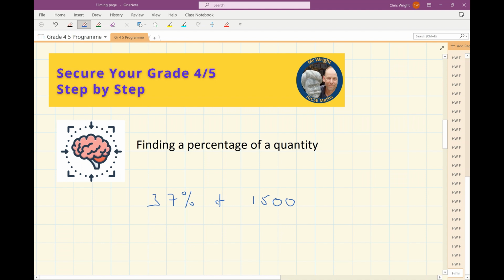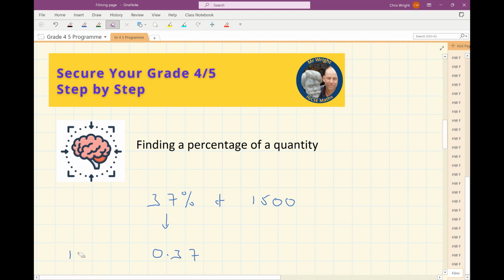Well, the secret is to turn this percentage into a decimal. 37% is 37 out of 100, and 37 out of 100, or 37 hundredths, is 0.37. Now, if you're not sure about that, you can simply put 37 divided by 100 into your calculator and turn it into a decimal that way.